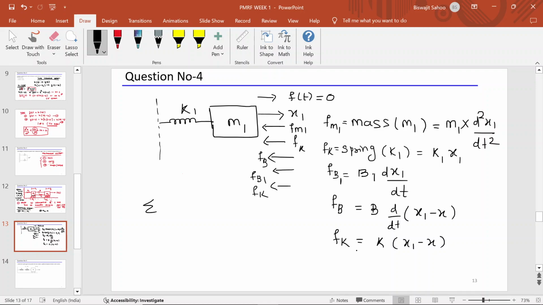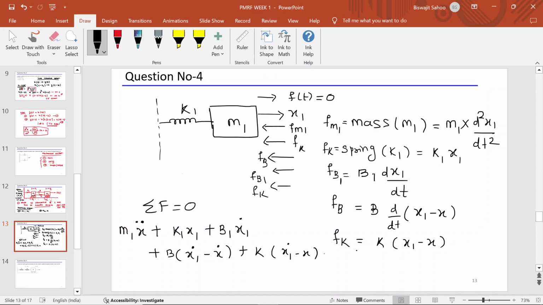So you know that the sum of all the forces is equal to 0. So you write down the equation here: m1 d square x1 by dt square, I'm writing x1 double dot because the double dot means the differential equation, plus k1 x1 plus b1 x1 dot, similarly plus b times of x1 dot minus x dot, plus the spring k times of x1 minus x, equal to 0.